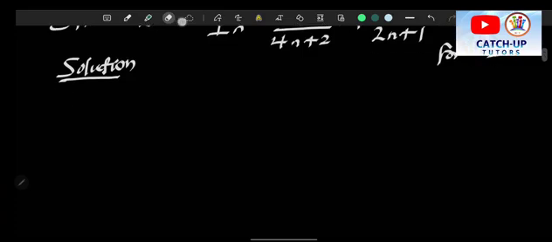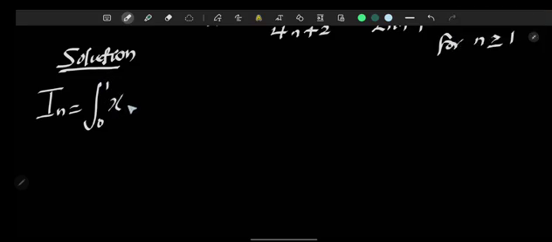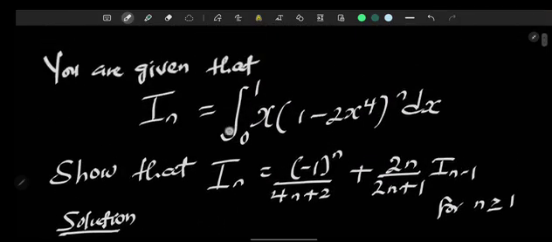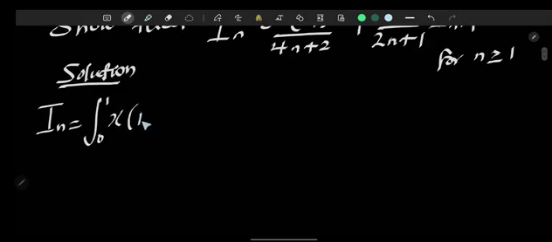So from the given question we have I_n equals the integral from 0 to 1 of x(1 minus 2x^4)^n dx. The first thing we need to do here is to rewrite this in terms of I_(n-1), and that can be obtained by rewriting what you have in the brackets.